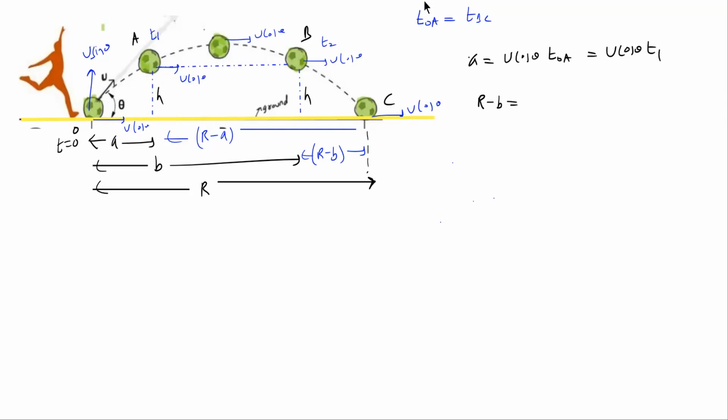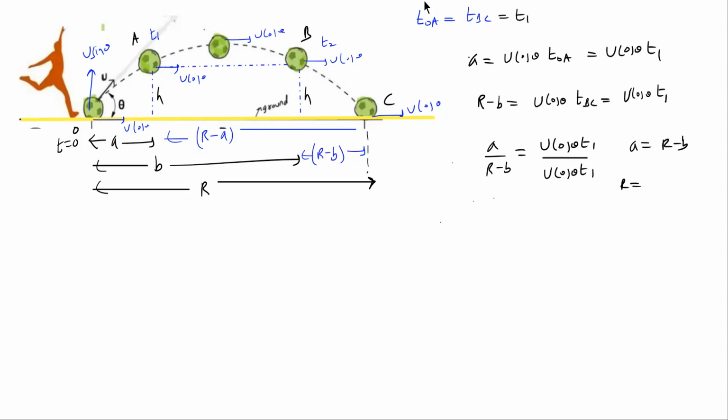For that, we know one thing, TOA is equal to TBC. And the horizontal component of velocity should remain constant. Vertical component will be changing. Let's define. So what is the distance A we can write? Distance A should be equal to U cos theta into T1, time taken to move from O to A, which is U cos theta into T1.